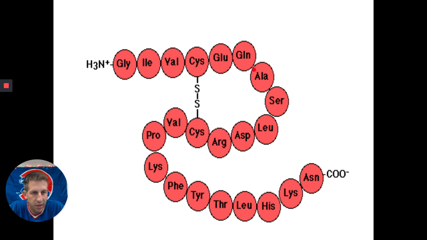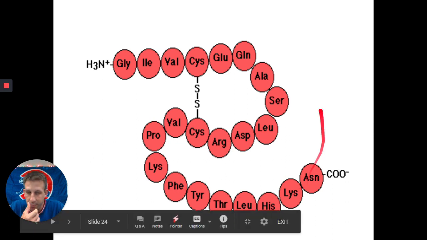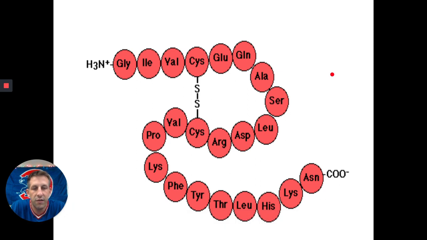All right. Next we have what's called the secondary structure. The secondary structure is where we start to fold this amino acid chain, this protein. And what we get is these repeated foldings of the polypeptide strand that we saw on the previous slide. Okay?